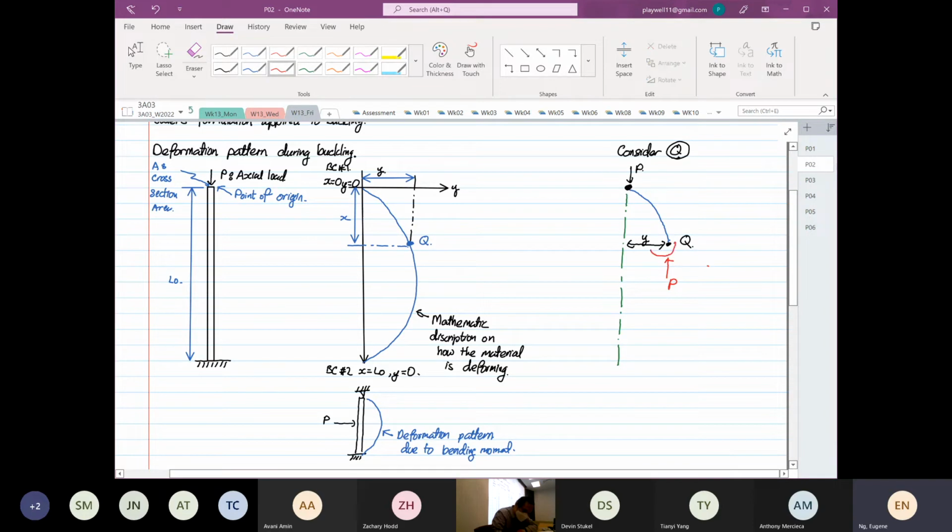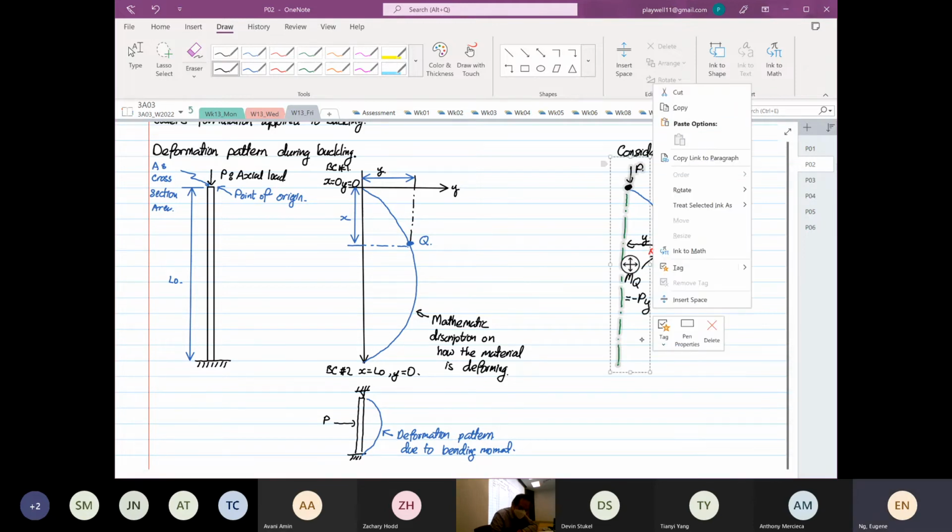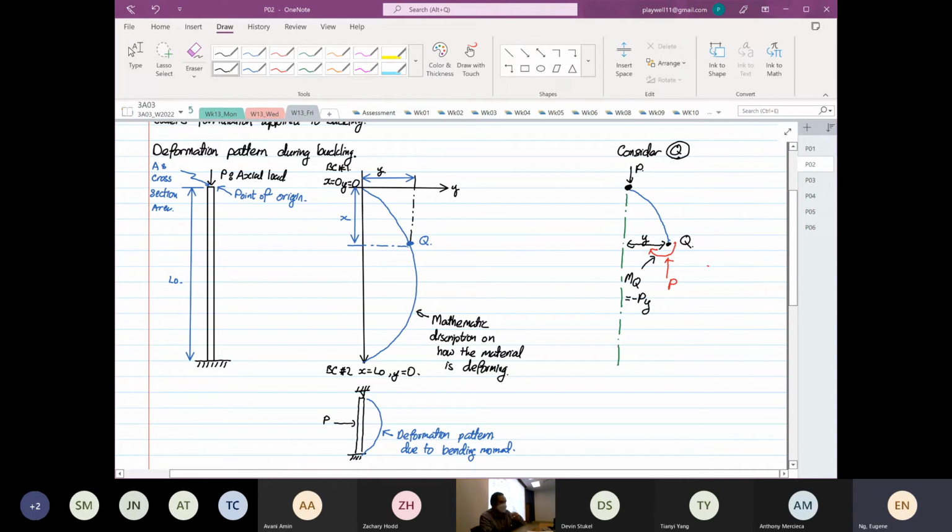So we have a counter moment over here, and this counter moment M at point Q is equal to minus Py. Why minus? Because it's going in a clockwise direction. So we are still looking at point Q.